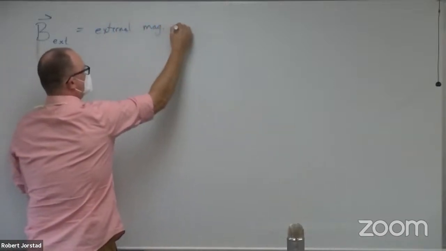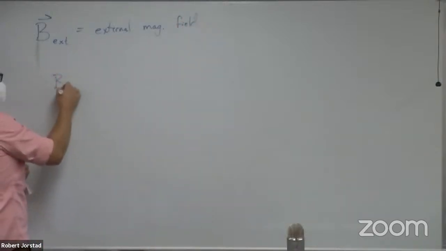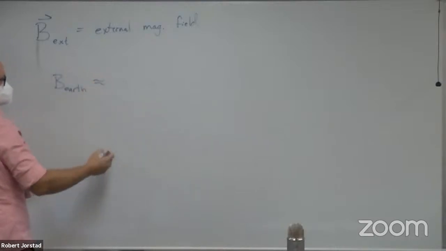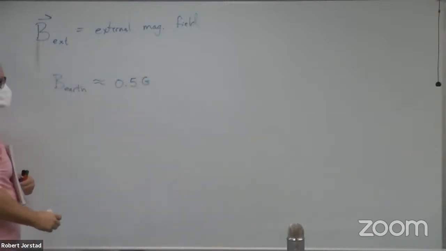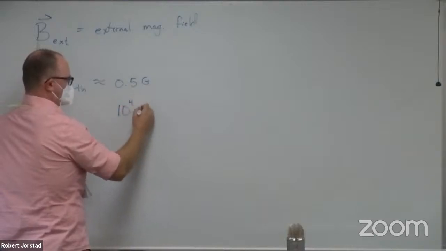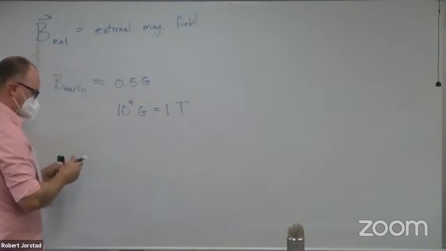magnetic field. The units. The Earth's magnetic field has a magnitude of about 0.5 Gauss. And it turns out 10 to the 4th Gauss equals 1 Tesla.